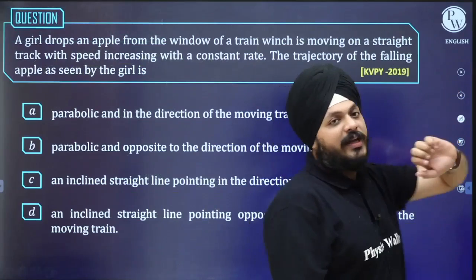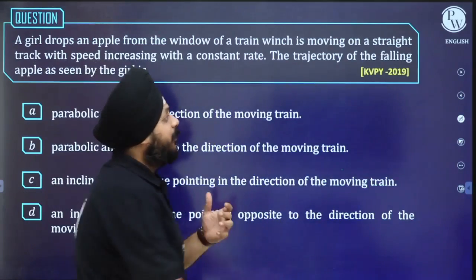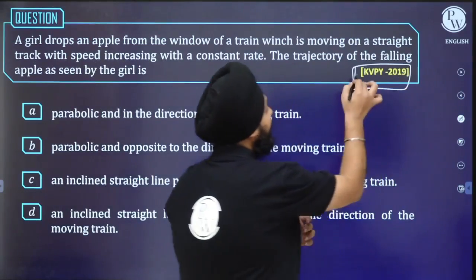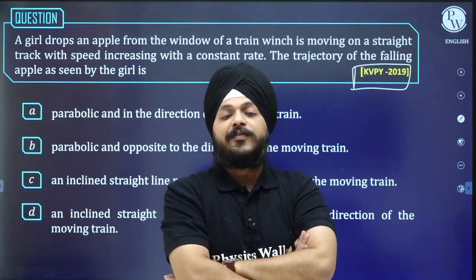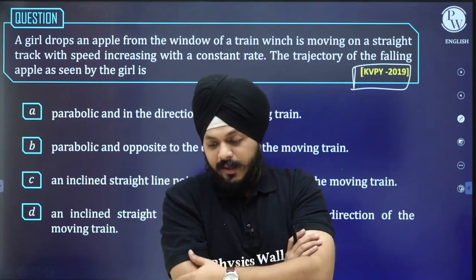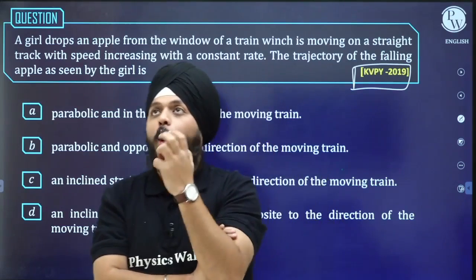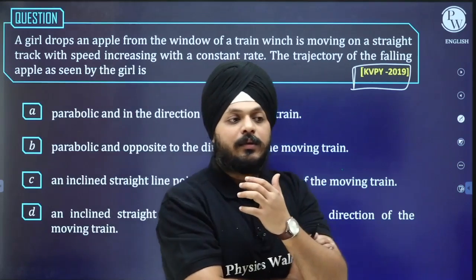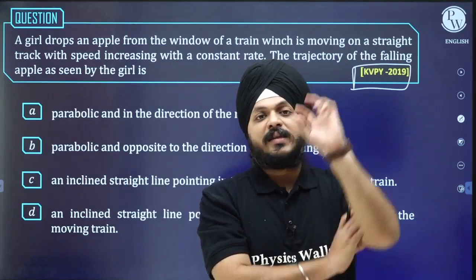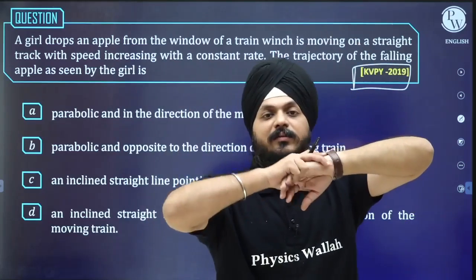Now, let's move on to the next question. Very awesome thing, KVPY 2019. Whenever we go into an examination, there is one common issue with all students. What is that? Whenever we see 1D, we only have a 1D perspective in mind.